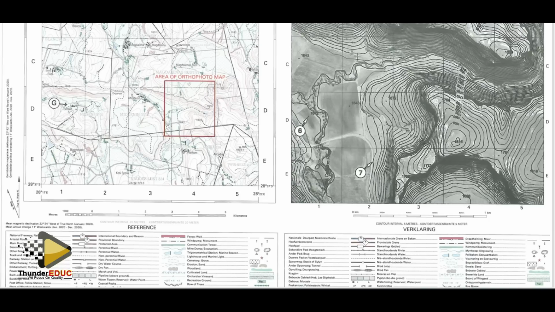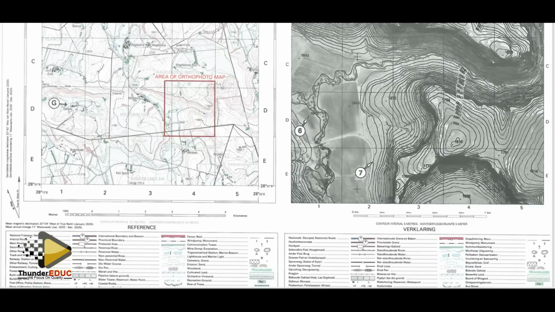You can see that this landscape is a gently sloping landscape from point 7 as we go to point 6. If I draw a straight line between these two points, it is almost a flat landscape between them.